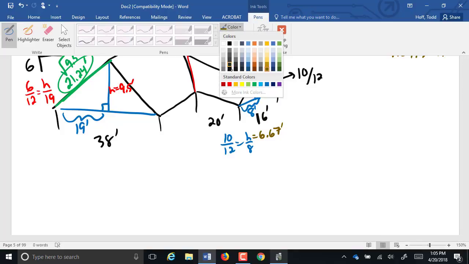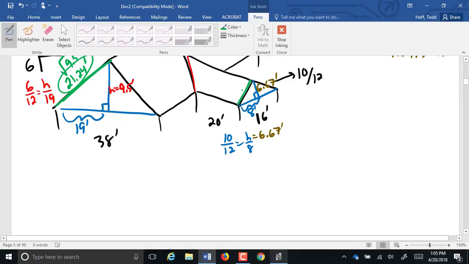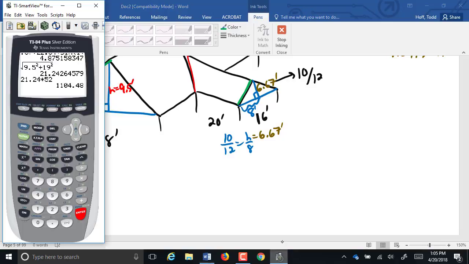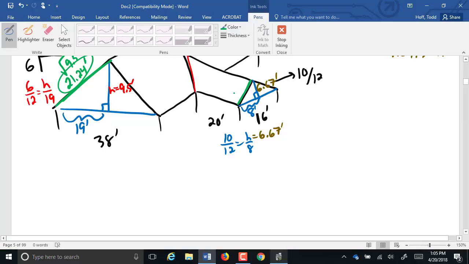And then? Okay, so what's that give us? 10.41 feet, okay.